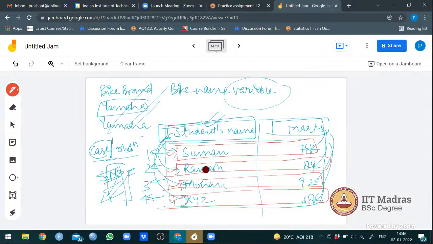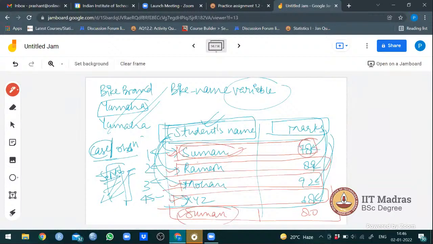Suppose there is another Suman in the class, and he scored 80 marks, and I ask you to tell me the marks of Suman.